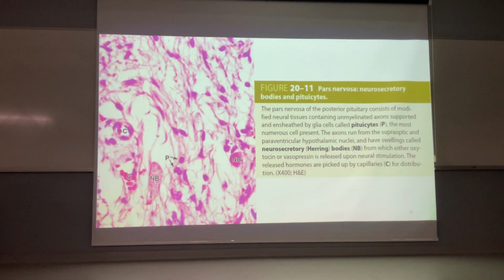Here you can see our pituicytes, and also we have capillaries, and also we have a special structure in the neurohypophysis. This special structure is our Herring bodies or neurosecretory bodies. What are these structures? These structures are swollen parts of axons.